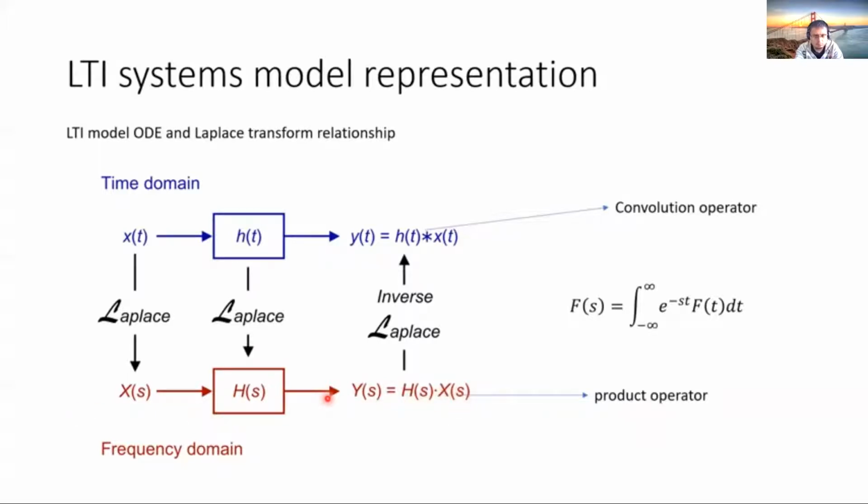Here we have to use convolution, and in the frequency domain, using the Laplace transform, we just need a product operation to make any analysis, which is relatively simpler than dealing with big convolutions that could be tricky, especially if our system is too complex and has many interactions among each other.